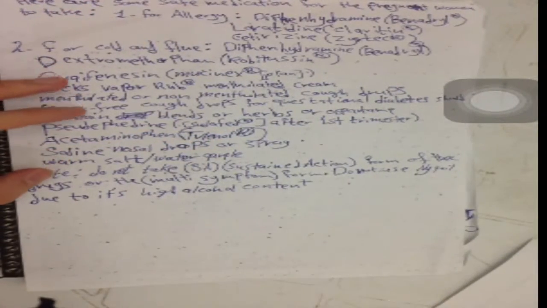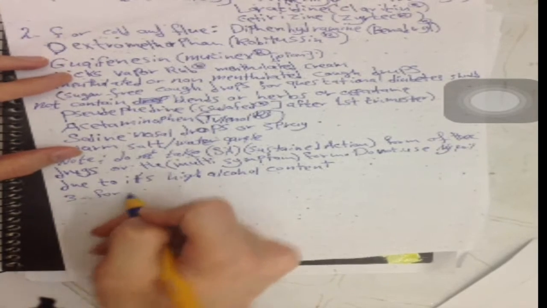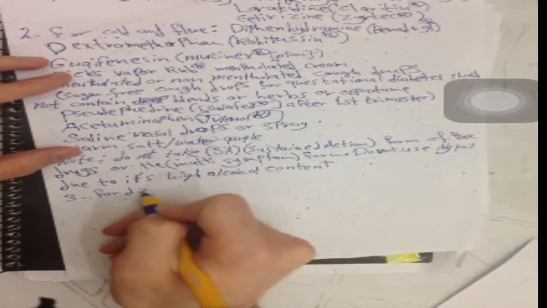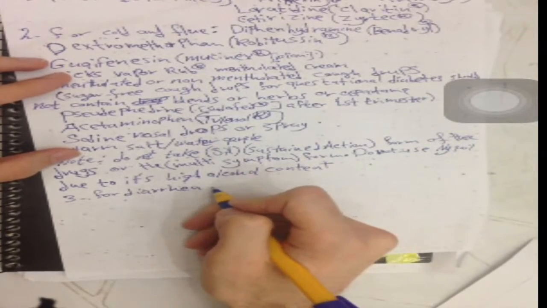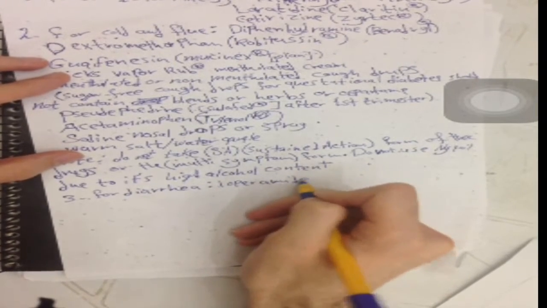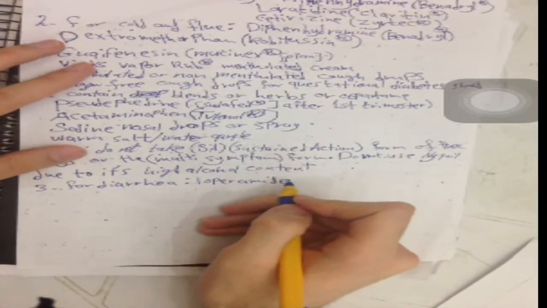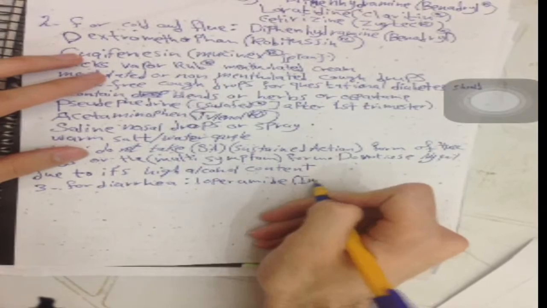These drugs are for diarrhea. Loperamide is used for diarrhea, scientific name, or the trade name Imodium.